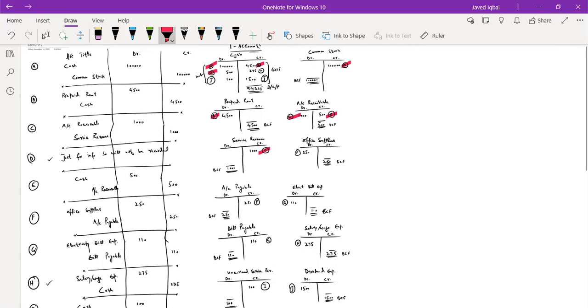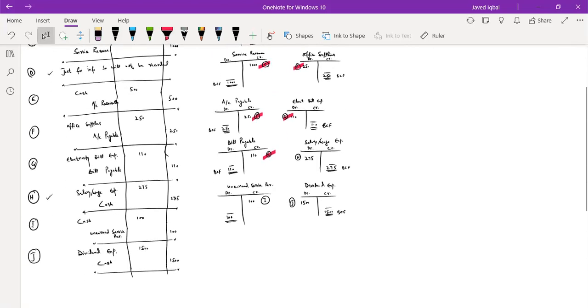So you can easily cross check your transactions according to this when you have written the reference numbers. Okay, moving on to the next transaction, you have F, which is of office supplies, debit 250 and credit account payable. So you have cancelling these. Electricity bill expense and bill payable. So you have G and G. So debit and credit.